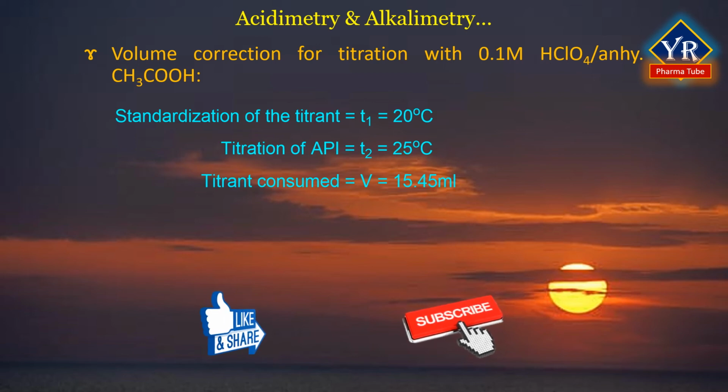Since the temperatures differ, the volume of titrant must be corrected as Vc = 15.45 ml × (1 + (20 − 25) × 0.0011) = 15.37 ml. This is a significant difference in an assay of an active pharmaceutical ingredient and highlights the importance of performing volume correction.